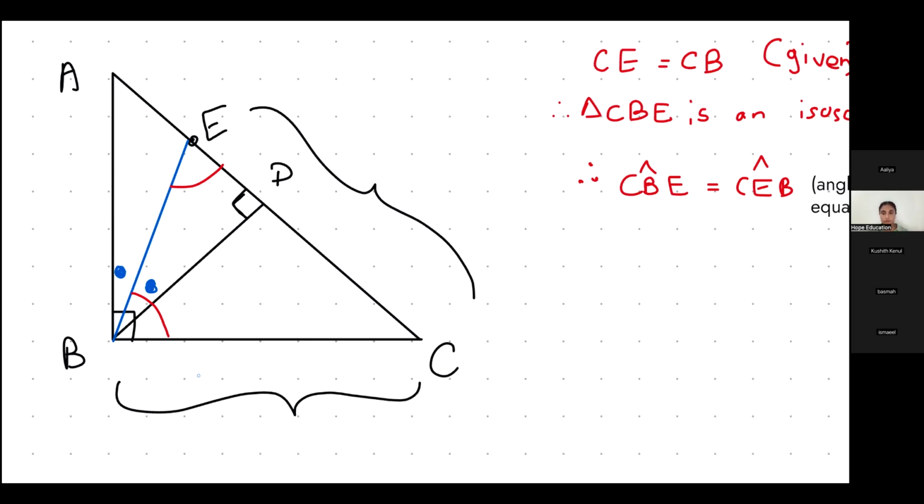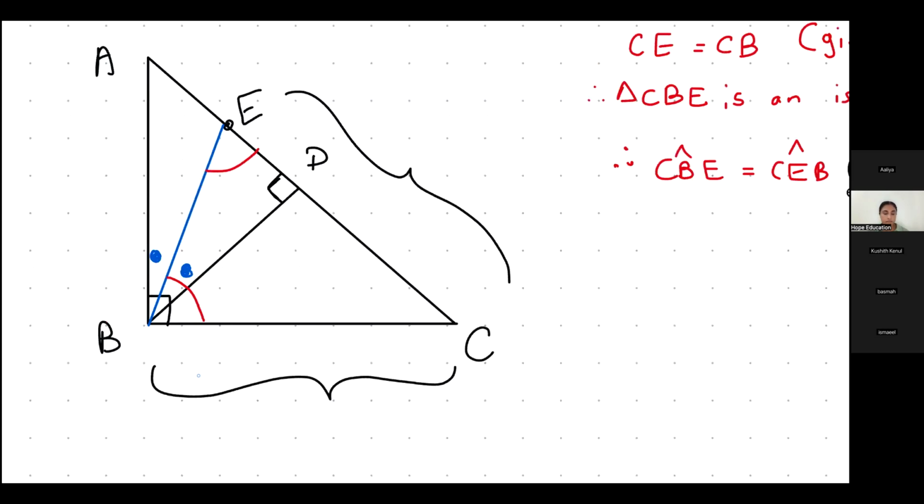Miss, what I did was, since BC equals EC, as given in the figure, I also showed that BEC equals EBC, angles opposite to equal sides of an isosceles triangle. I named those two as X. Yes. And I named ABE as Y.